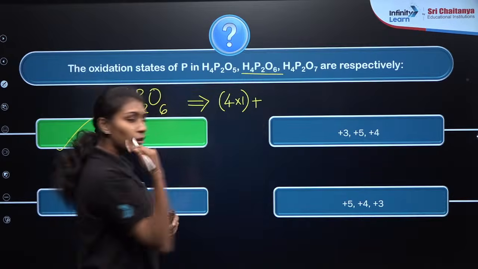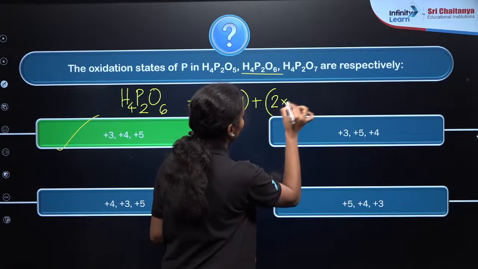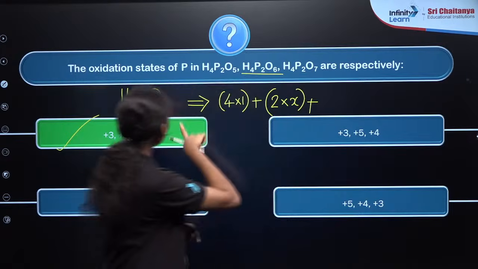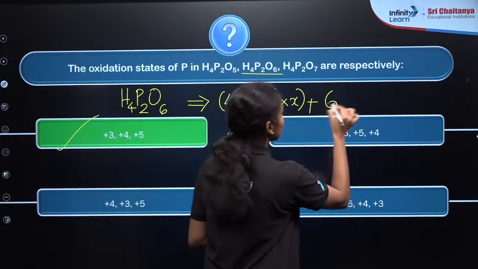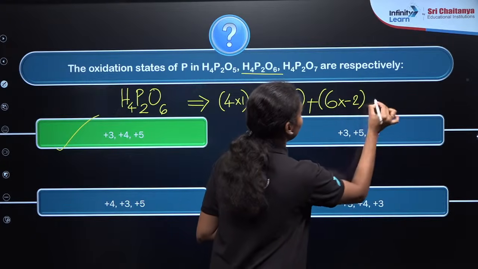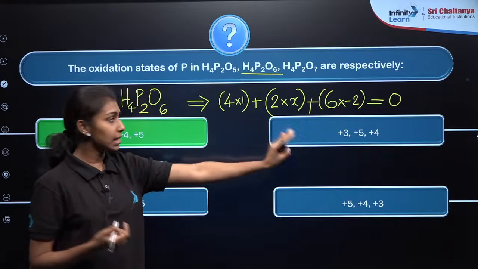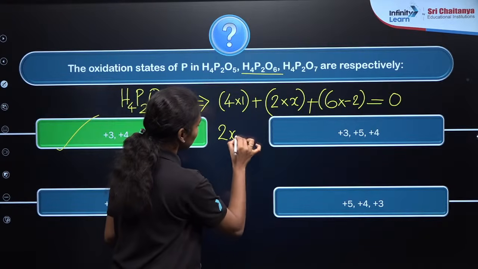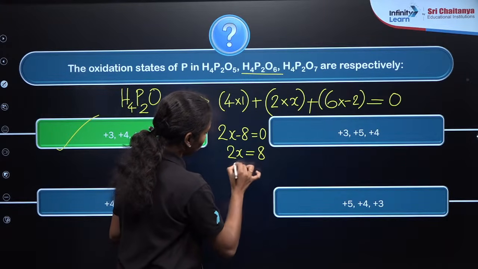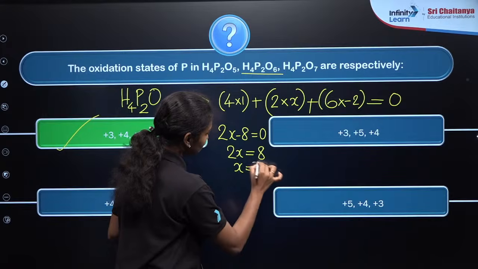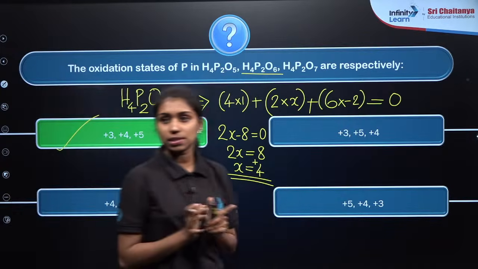Phosphorus we don't know, so I am taking it as x, and 2 phosphorus atoms give 2 into x. For oxygen, it will be 6 into minus 2, that is minus 12. In total it is equal to 0. So 4 minus 12 is minus 8, so 2x minus 8 is equal to 0, or 2x is equal to 8, or x is equal to 8 by 2, that is +4 for the oxidation state of phosphorus in H4P2O6.